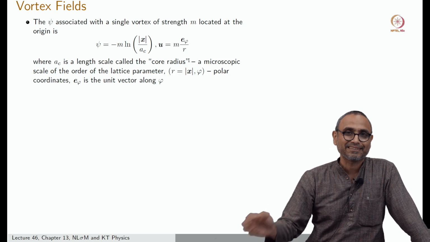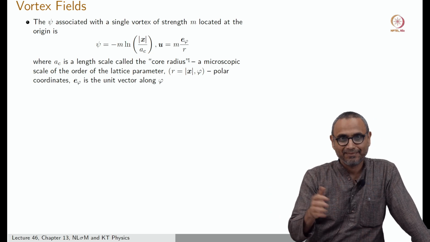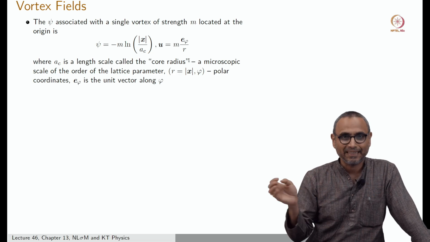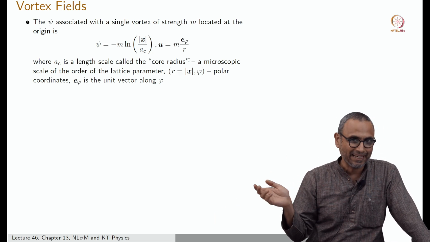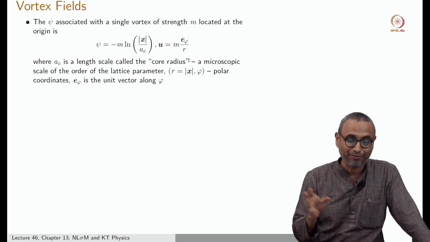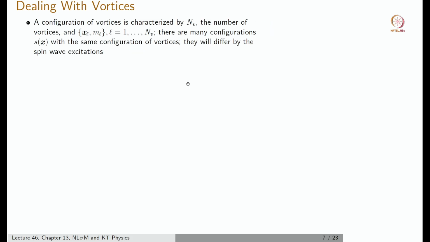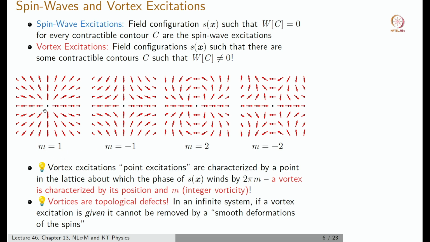When I solve the equation del square phi is delta function in 2 dimensions, you will realize that there is a problem both as x goes to 0 and as x goes to infinity. The Green's function diverges in both directions, and you need a scale to get a dimensionless number, and that is what is called the core radius. Very briefly, remember when I drew the vortex configurations, very near the central point of the vortex, I couldn't decide what the spin had to do, so I just didn't draw it at all.